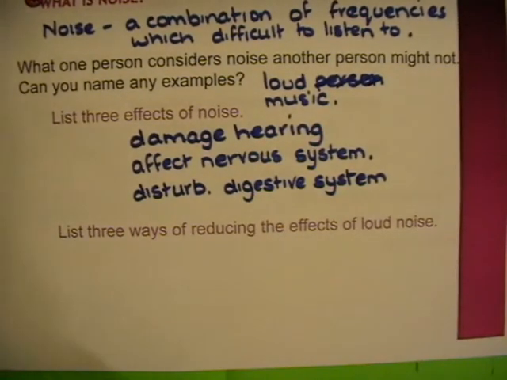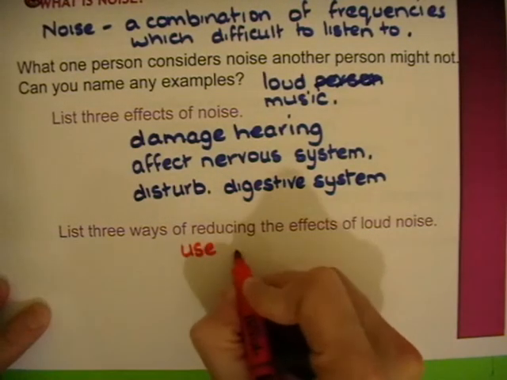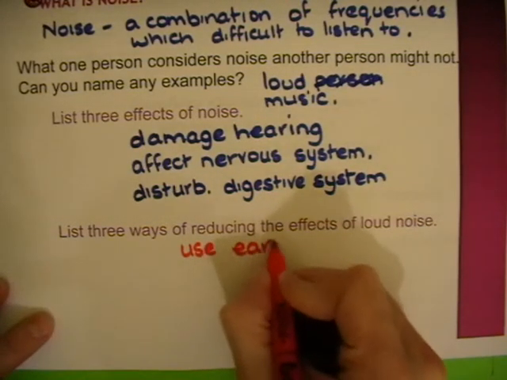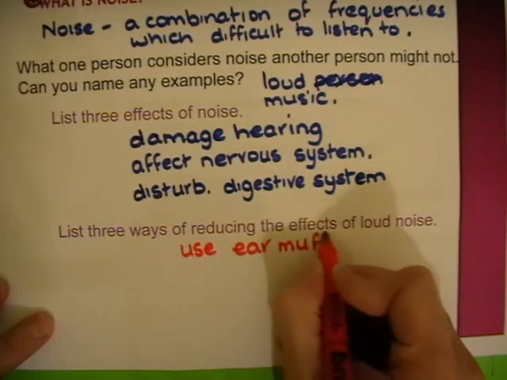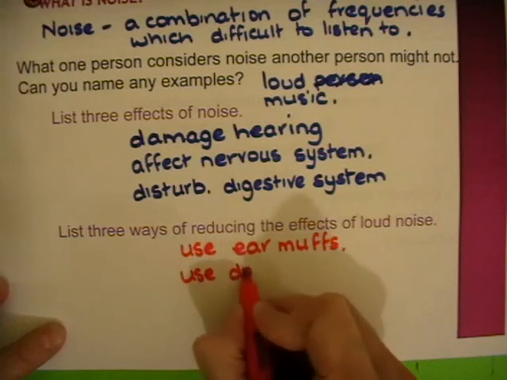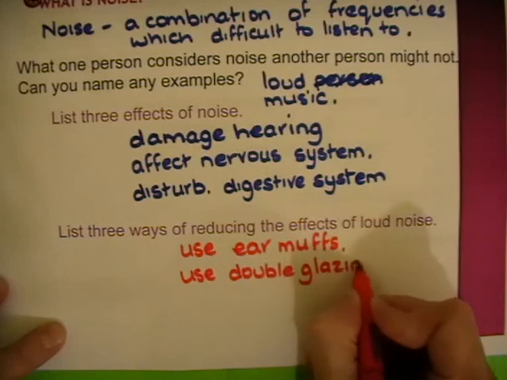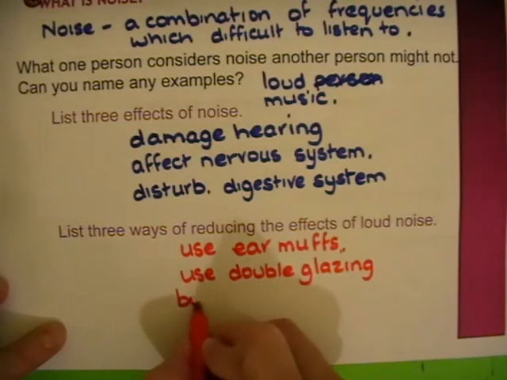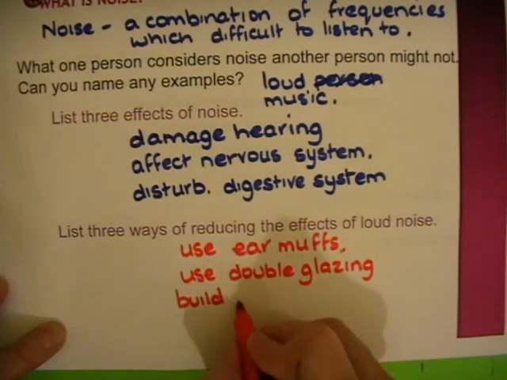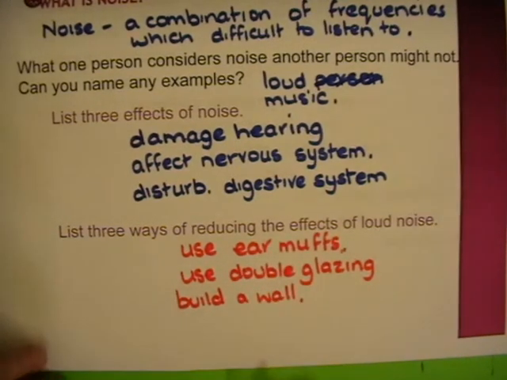3 ways of reducing the effects of loud noise. You could use earmuffs. You could use double glazing in your house. You could build a wall, and that might reflect the sound away from you, and that would be used in motorways and things like that.